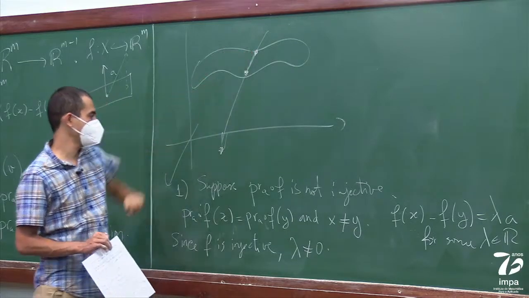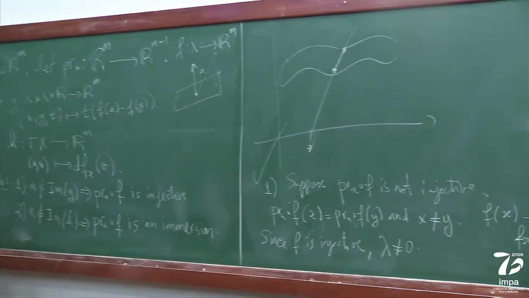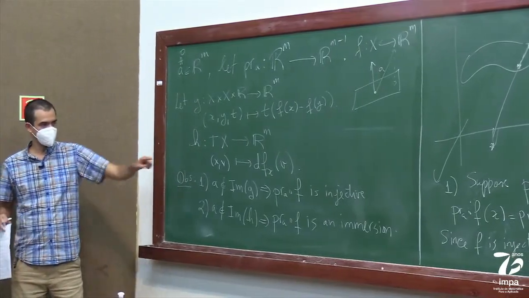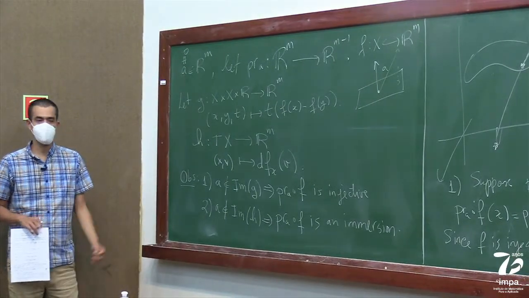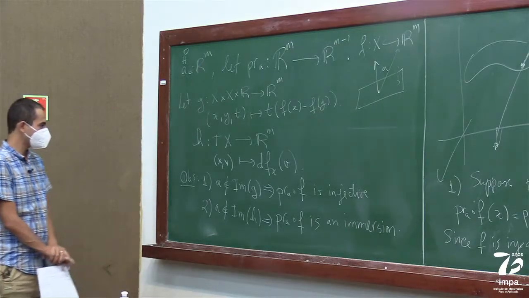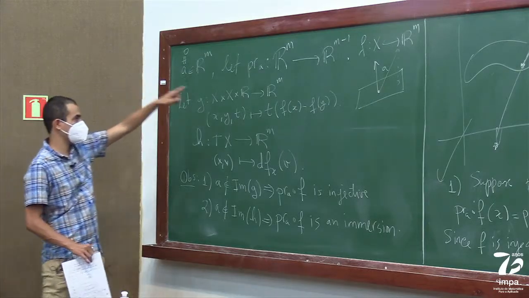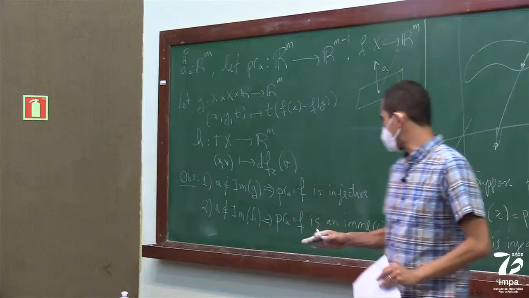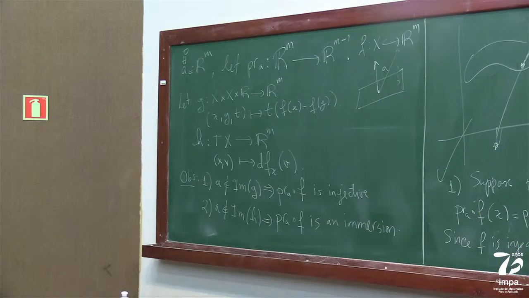So to make an if and only if, you have to be a little more careful with zeros. But in this direction, it's pretty easy, and that's all we need. The direction that I wrote down is actually pretty straightforward. Any questions about this?